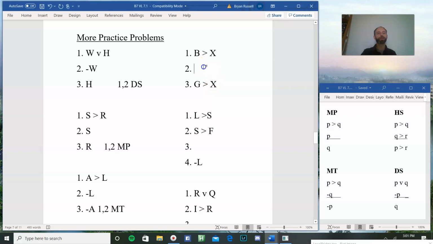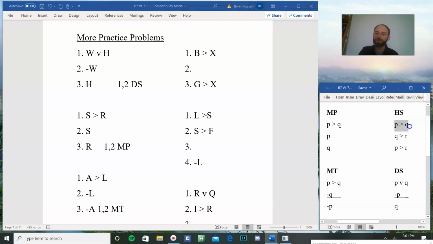Now, let's take a look at what we have here. What we're trying to get is G horseshoe X. And what we have is B horseshoe X. So something to note in HS, let's study this a little bit.